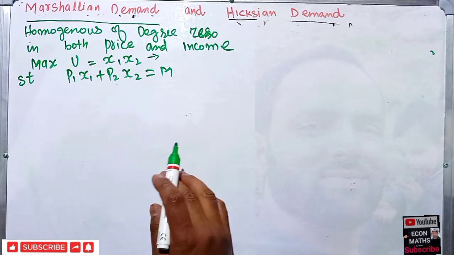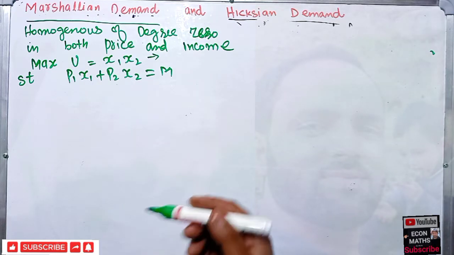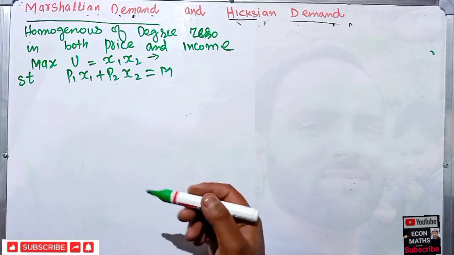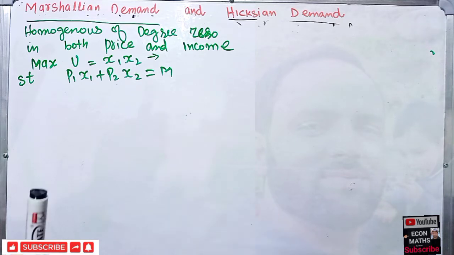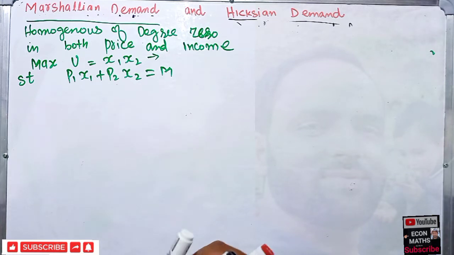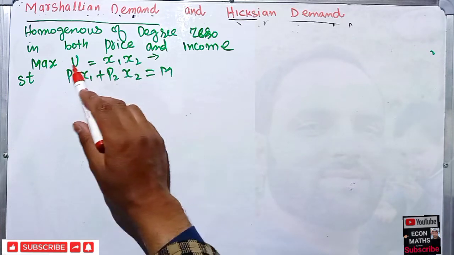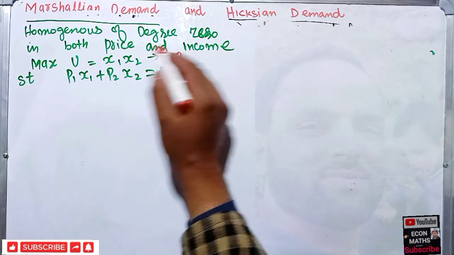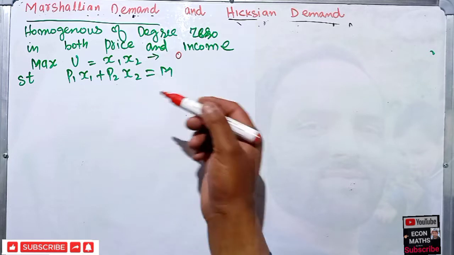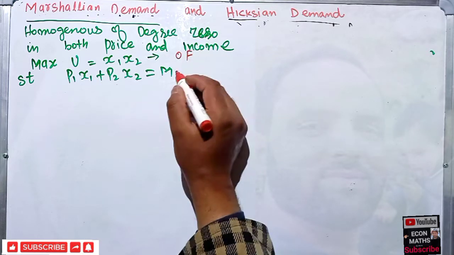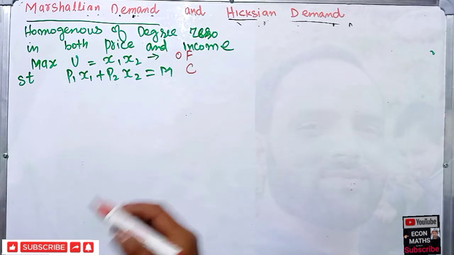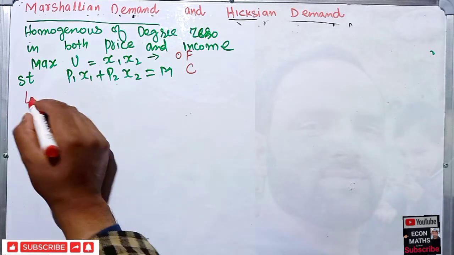How do we solve constrained optimization problems? I have shown this in earlier videos, so I will just use that very concept here. First, this is our utility function, which we want to maximize, and we call it the objective function. This is called the constraint.